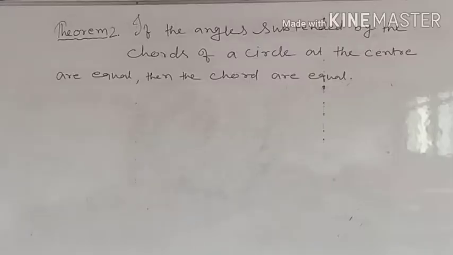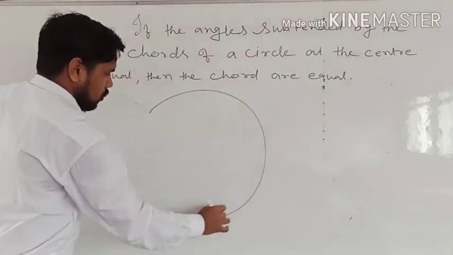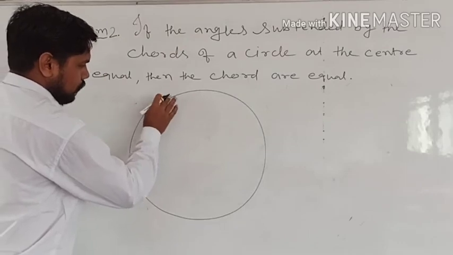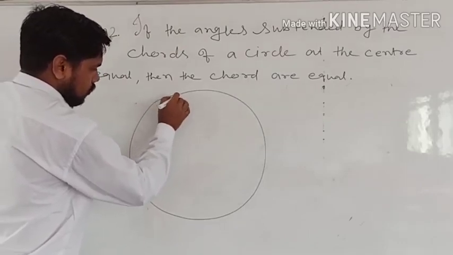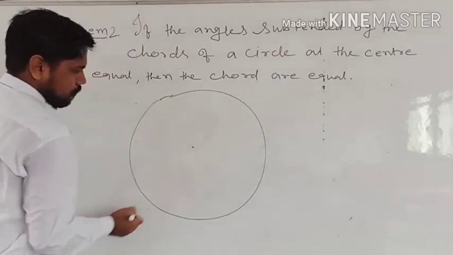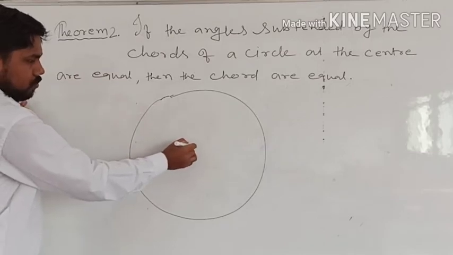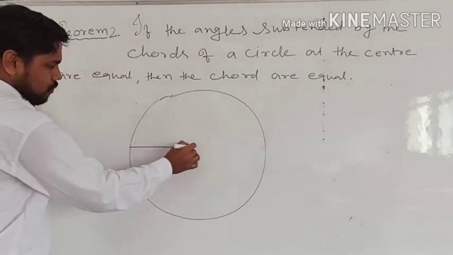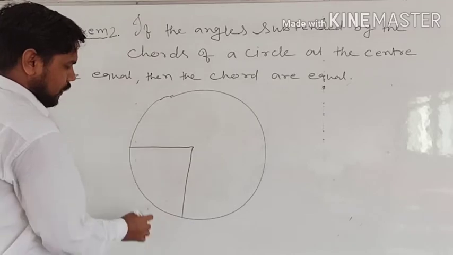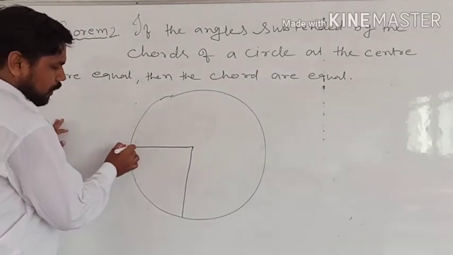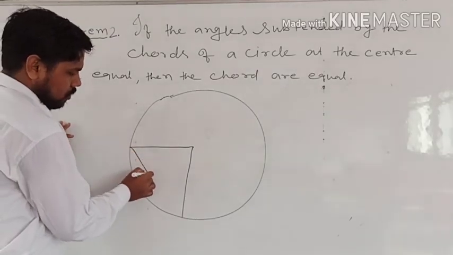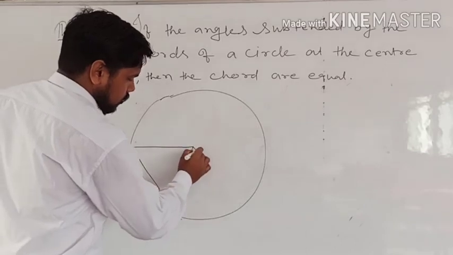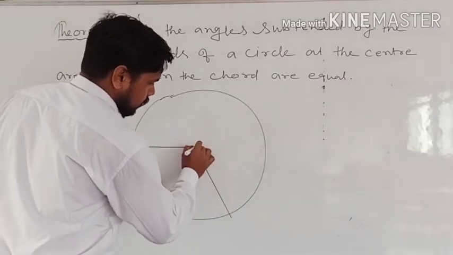So same here also, we will first draw a circle, and from the center we have to take two equal angles. So suppose this one I have taken, okay, and this one I have taken.